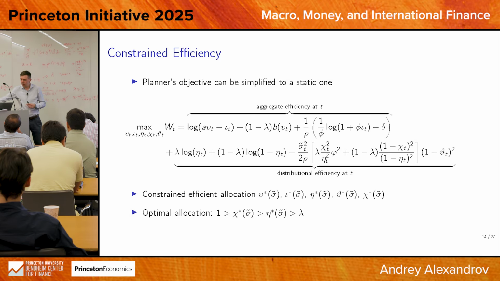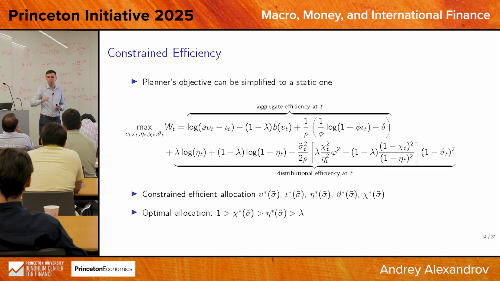I have very little capital. I can utilize it a lot, but I can still choose a very low investment. So my capital accumulation equation is still the same. It's still phi of iota minus delta. It's a static decision, and the other one is dynamic, and in that sense they don't interact. I can utilize a lot and invest less, or do the opposite.